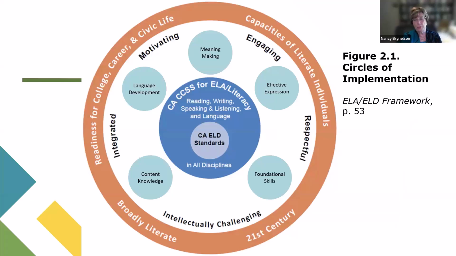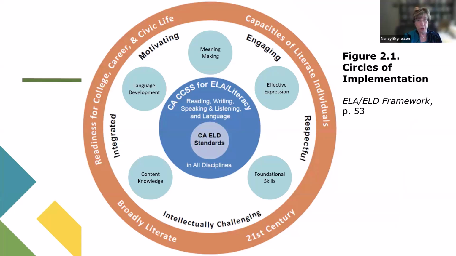This is a figure that is in the framework repeatedly. We call it the circles of implementation, and it's a good illustration of the major goals of the framework, illustrated here in the outer circle in orange. The context in which learning is to take place, illustrated here in the white field.